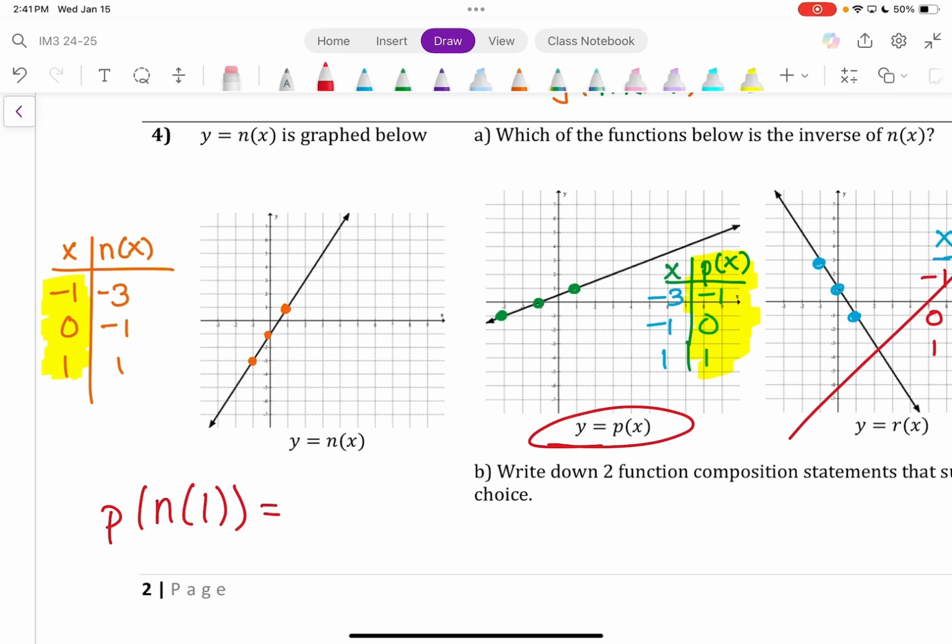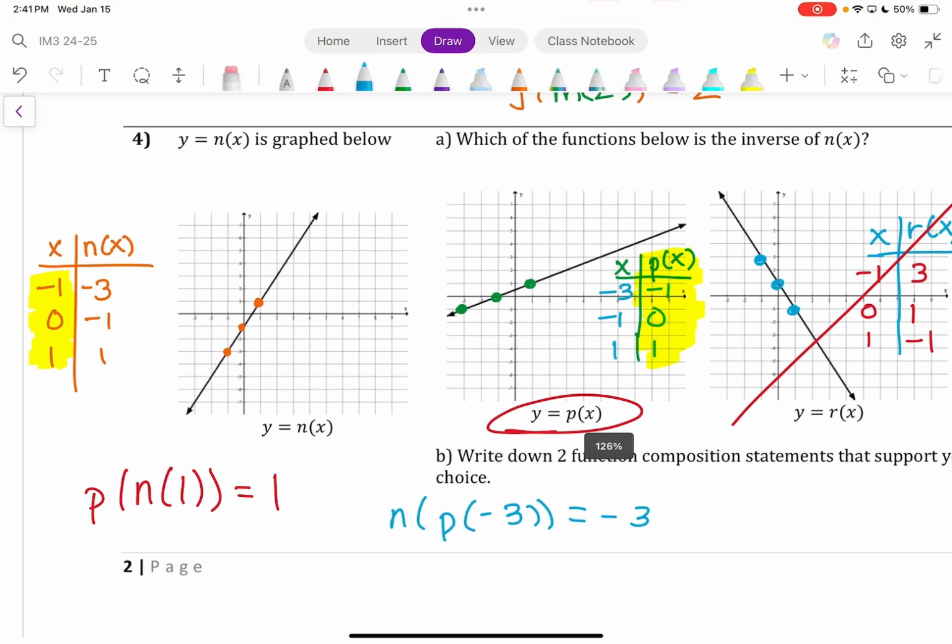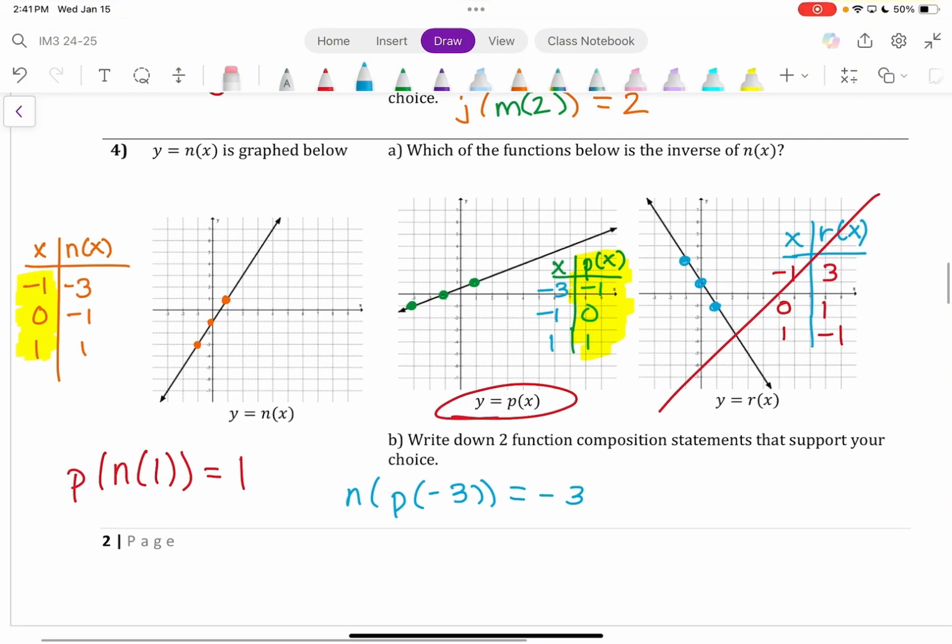If it's an inverse, it must be the same. So it spits out a 1. Let's flip the order of the functions. N of P of any number that is not in the yellow column. -3. So N of P of -3 must equal what? -3. Okay? And those are two example statements that support this choice.